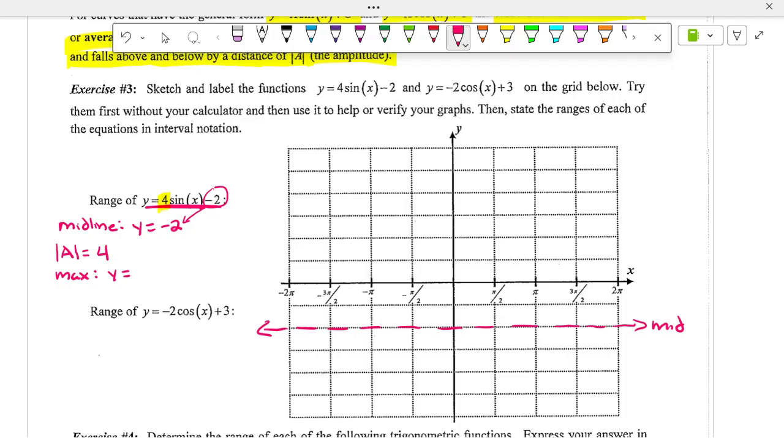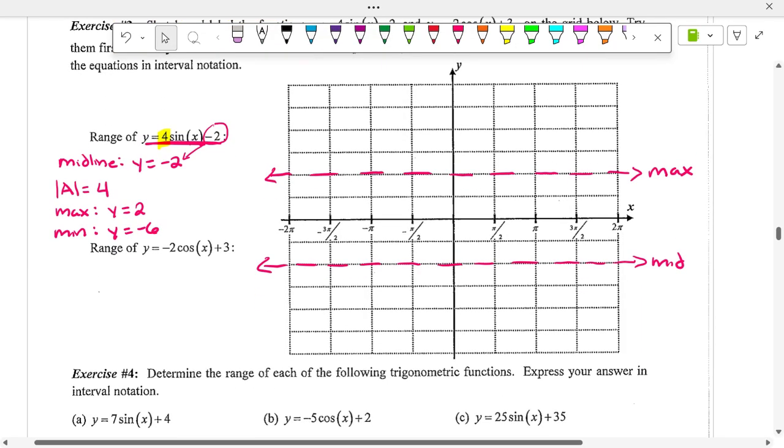So count 4 units up from the midline. So it's at y equals 2. I'll graph that as well. That's the max. My min: if you go 4 down from the midline, it's at -6. So y equals -6 is the min.